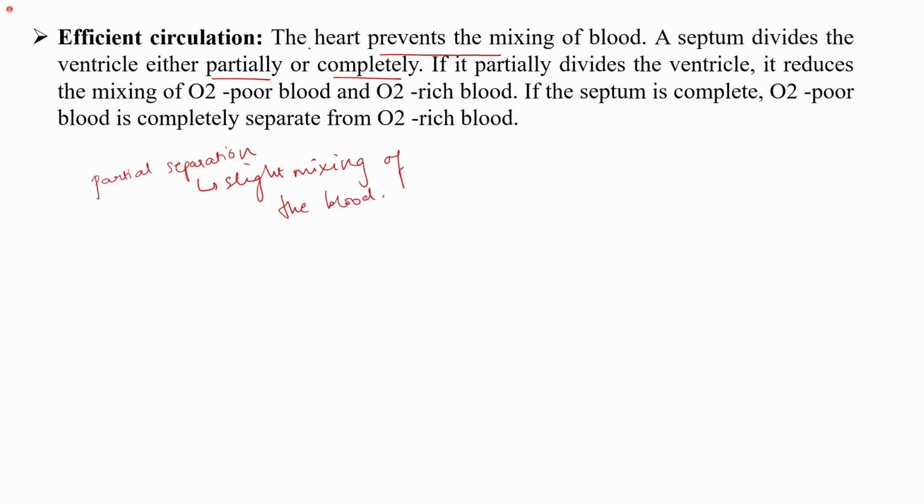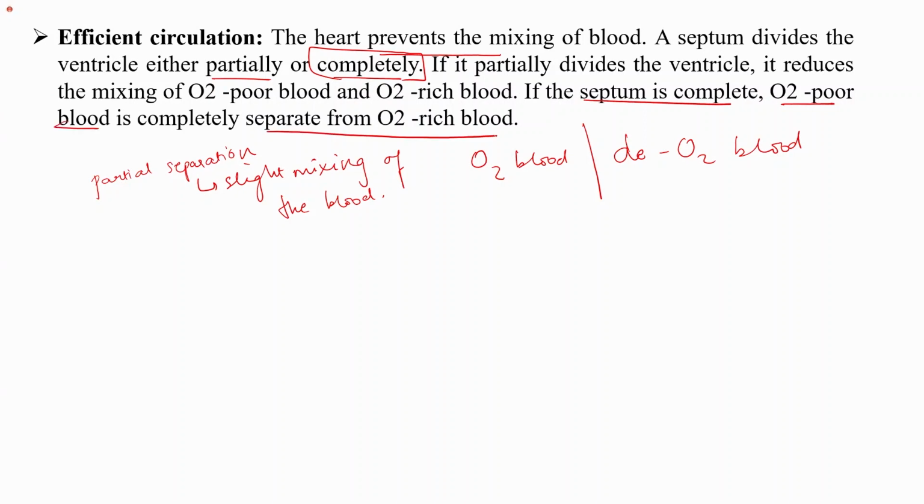But when there is a complete separation, the oxygenated blood remains separated from the deoxygenated blood. So the septum is complete, and oxygen-poor blood, that is the deoxygenated blood, is completely separated from the oxygen-rich blood.